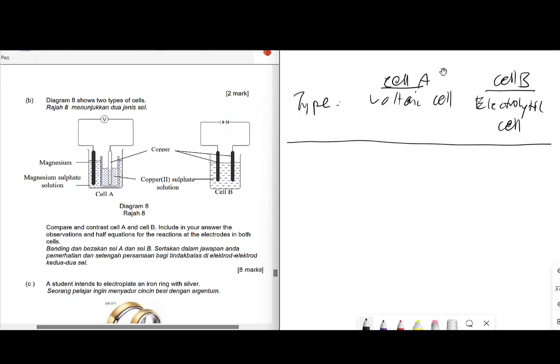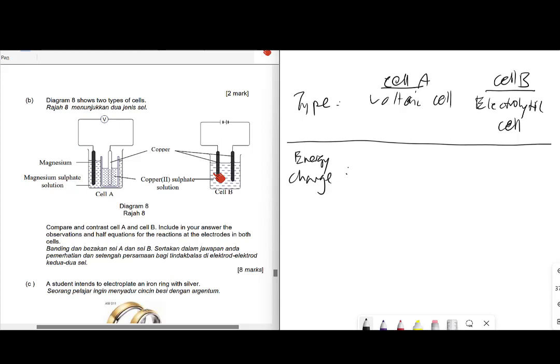Just now, this one is producing electricity, this one is using electricity. So what types of energy change? The second mark you can tell is what the energy change is, from what energy to what energy. Here, the chemical reaction happening inside produces electrical energy.